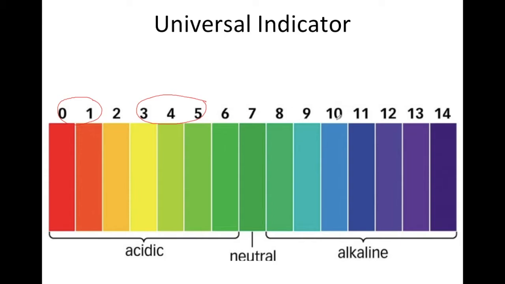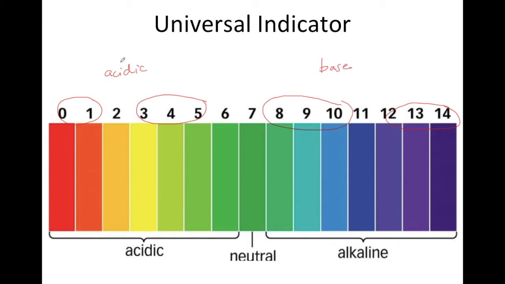Bases, on the other hand, are going to be more green and blue, and the strong bases are going to be dark blue and purple. So any number that's 0 through 6 is considered acidic, 7 is neutral, and finally any number that is 8 or higher is considered a base.